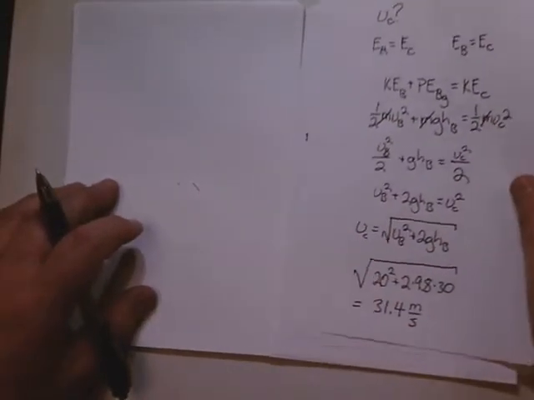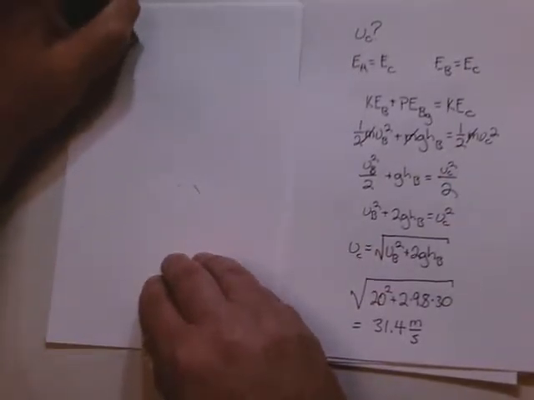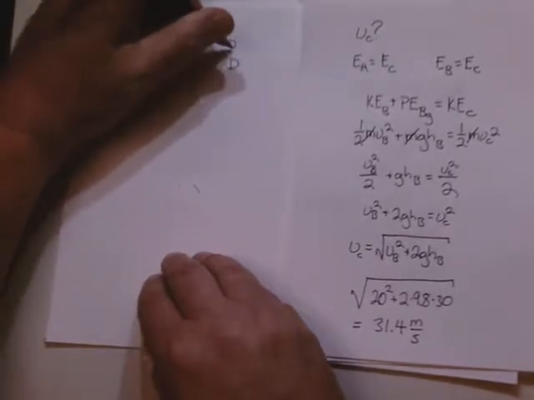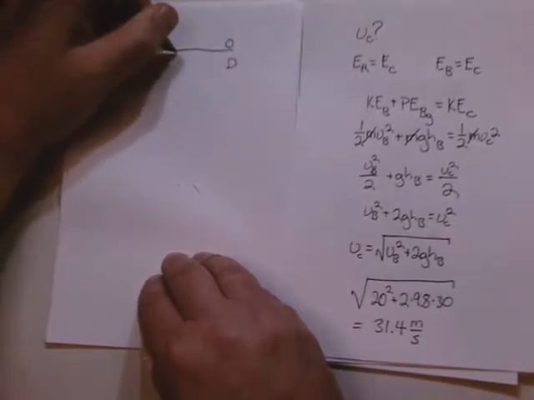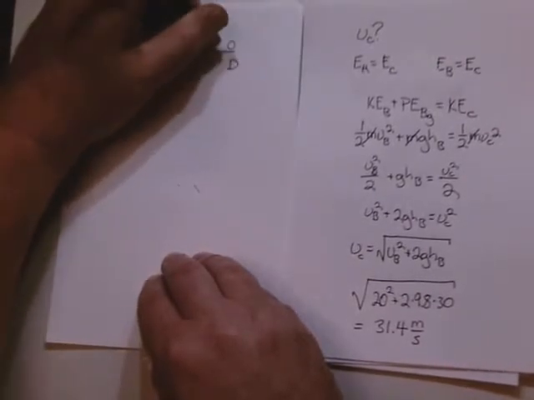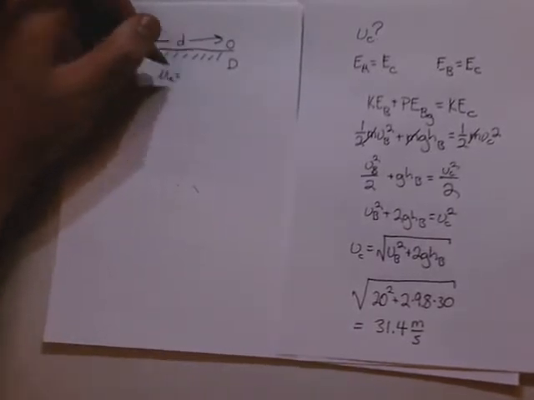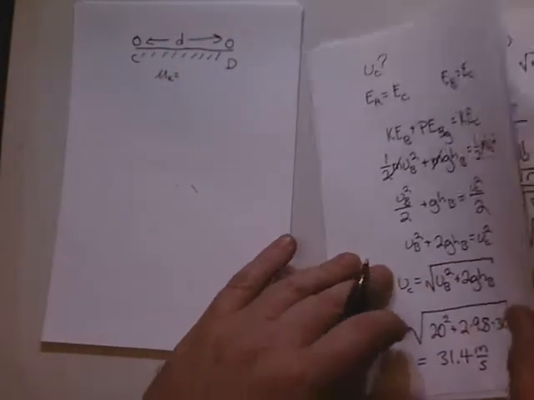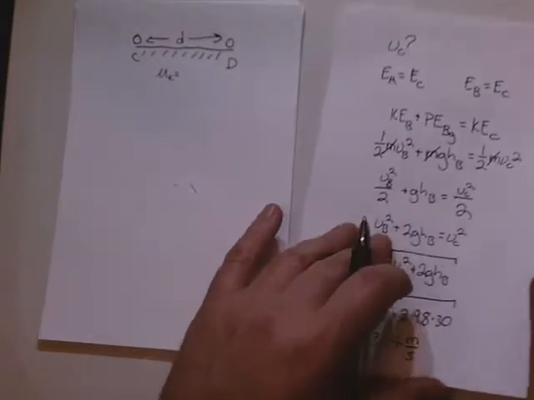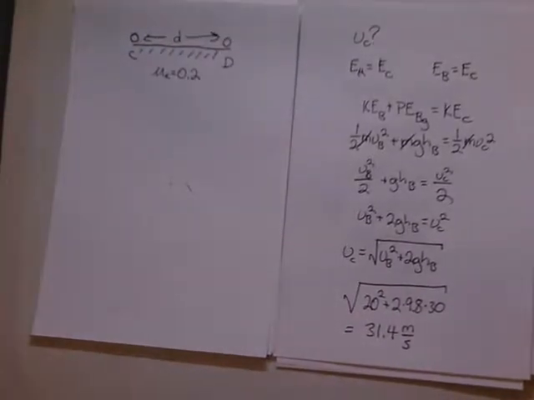For that, here is point C, and there is point D. And there is a region of length d where there is a coefficient of kinetic friction of, what did I say? 0.2. So we have that.